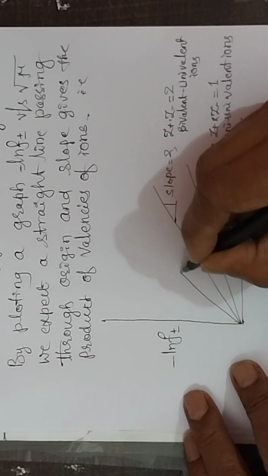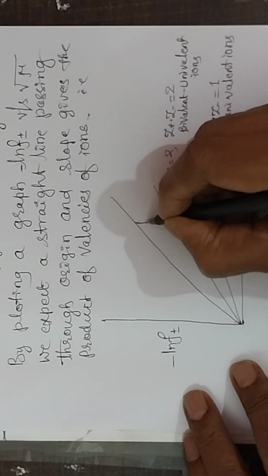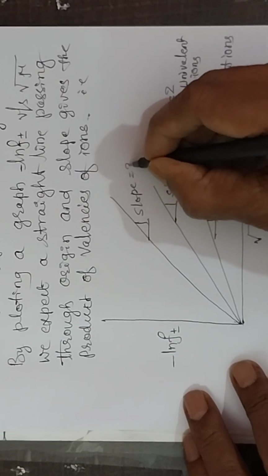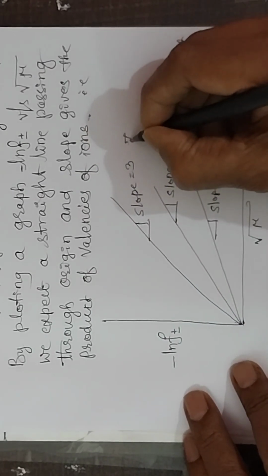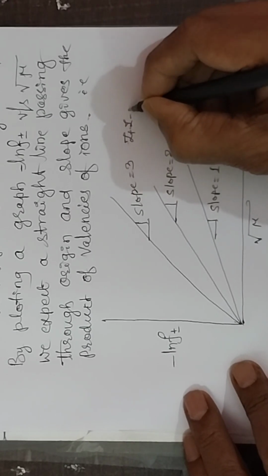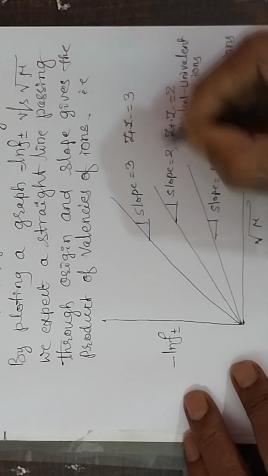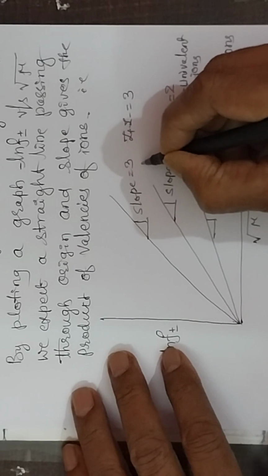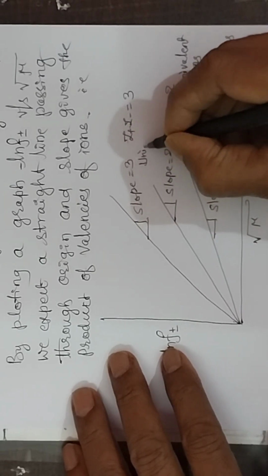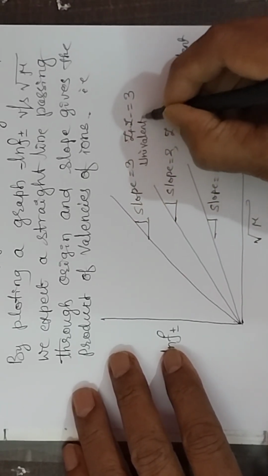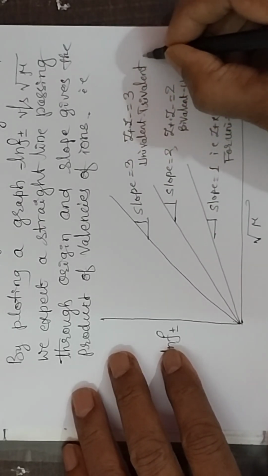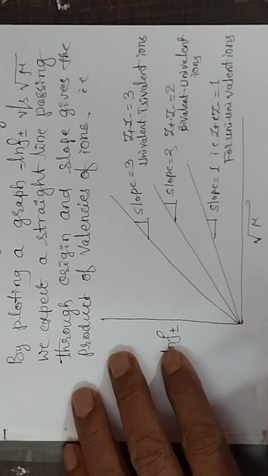Similarly, this is slope equal to 3, then z plus into z minus is equal to 3. Then it may be trivalent and univalent, univalent, trivalent salt, ions.